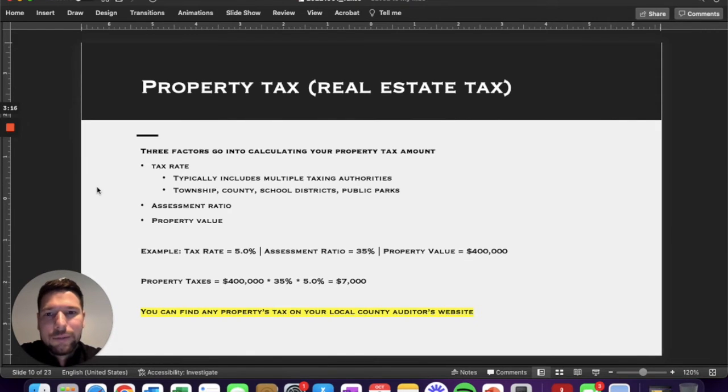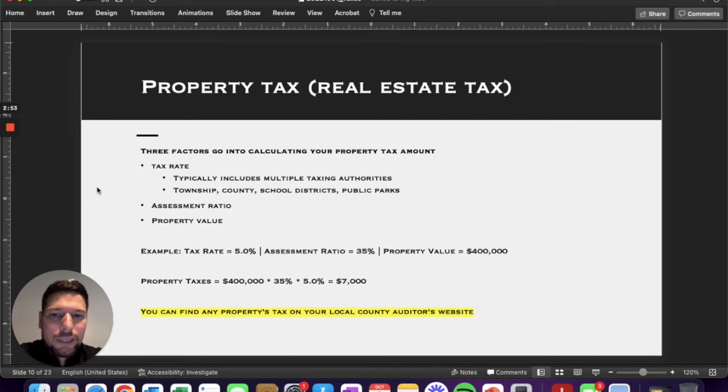There's any number of authorities that could put something on the ballot to levy additional taxes on your property. There's an assessment ratio, so you'll have a certain percent of your property that is actually taxable, not typically 100%. And then you'll have your property value, so what's the fair market value for your property?